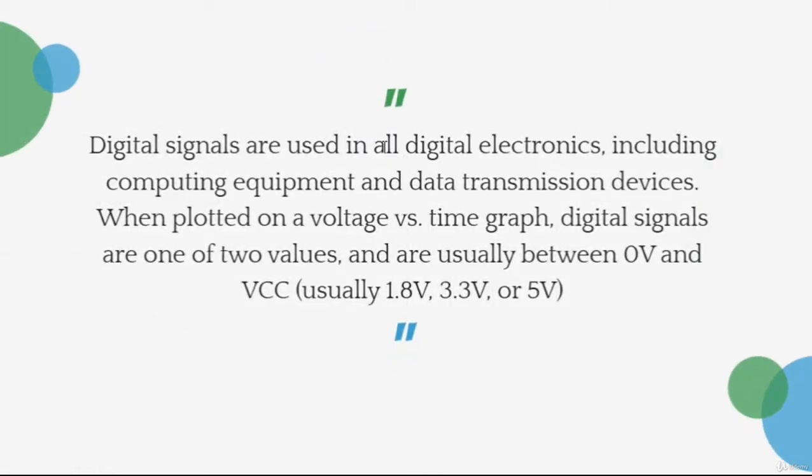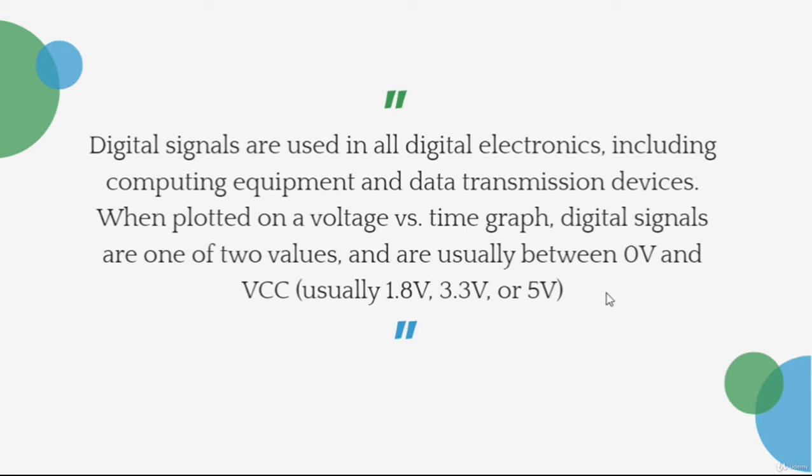Digital signals are used in all digital electronics, including computing equipment and data transmission devices. When plotted on a voltage versus time graph, digital signals are one of two values and are usually between 0 and VCC. The VCC is usually 1.8, 3.3 or 5 volts.